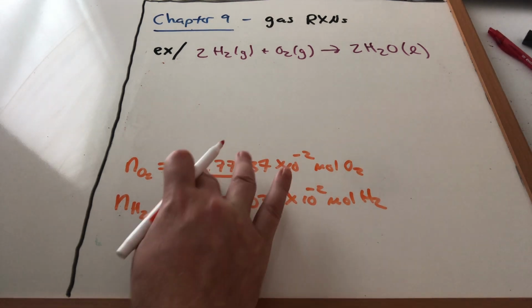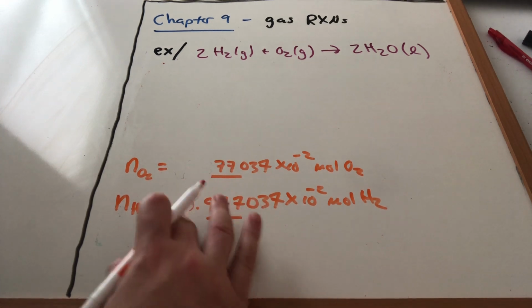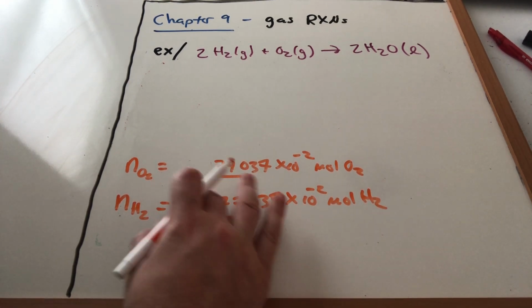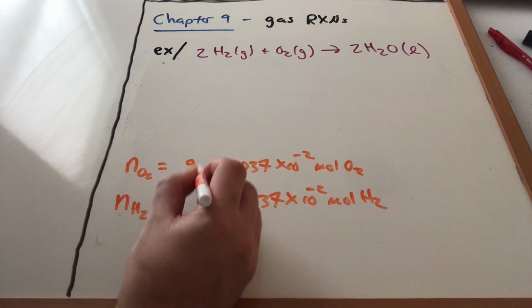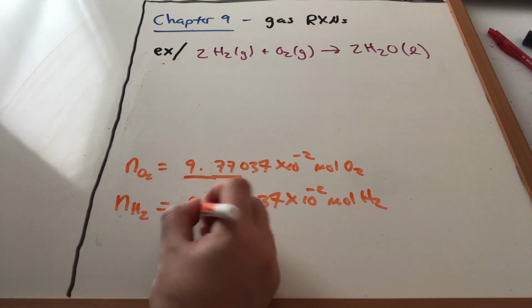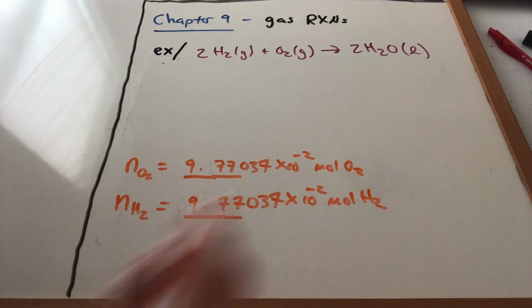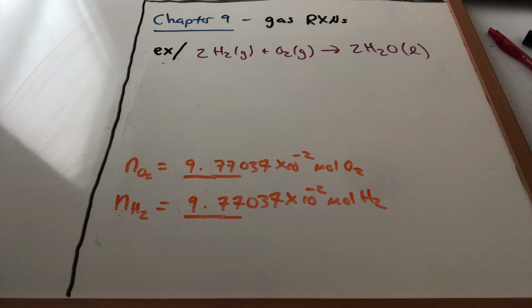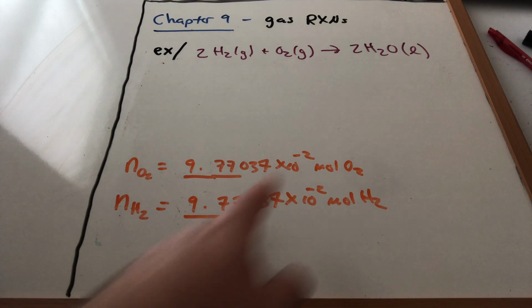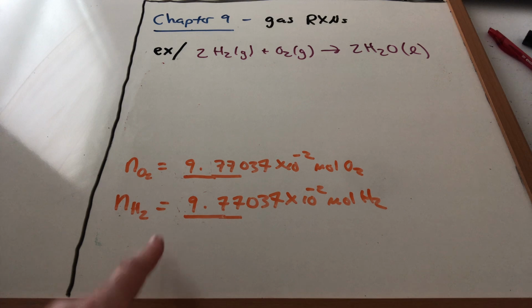Okay, so I don't know why I wrote the scientific notation incorrectly. Hopefully you caught this in your own. I honestly didn't do it on purpose. These should be 9.77037 times 10 to the minus 2 moles of oxygen and the same number of moles of hydrogen. Sorry for writing that incorrectly.